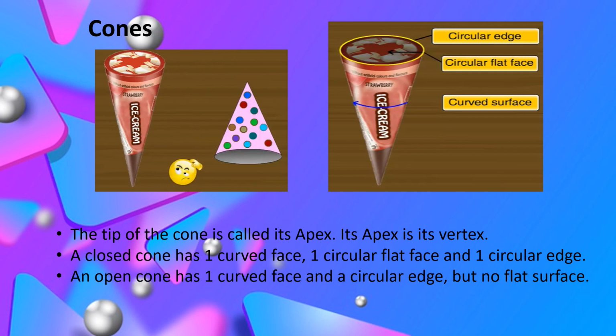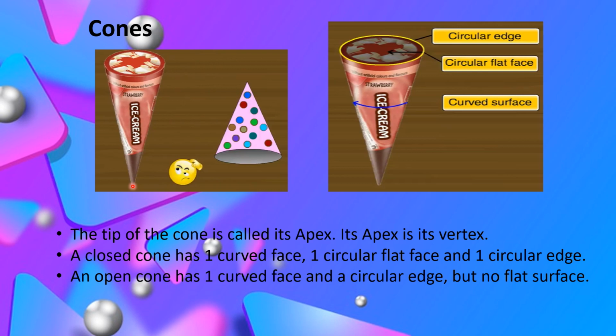But the circular base of this cap is not closed, that is, it's open. Now in both of these, there is a tip. Here is one tip, and in the ice cream cone here is a tip. It is called its apex. Apex, as I told you already, means nothing but its vertex.